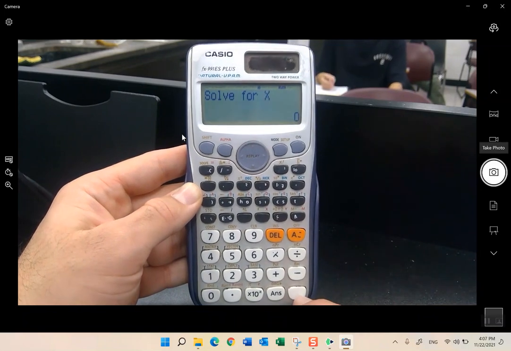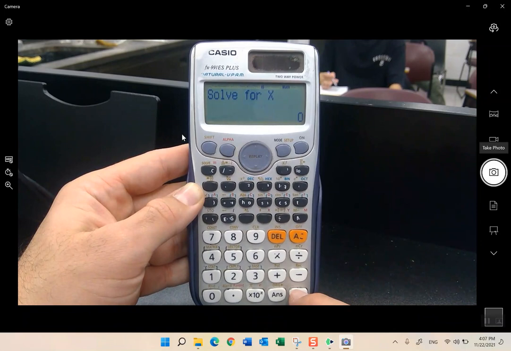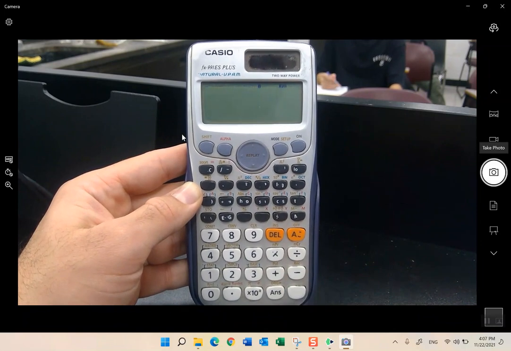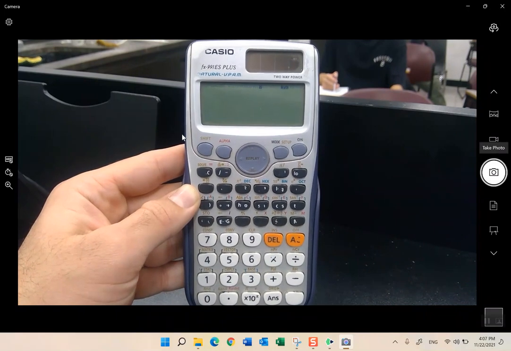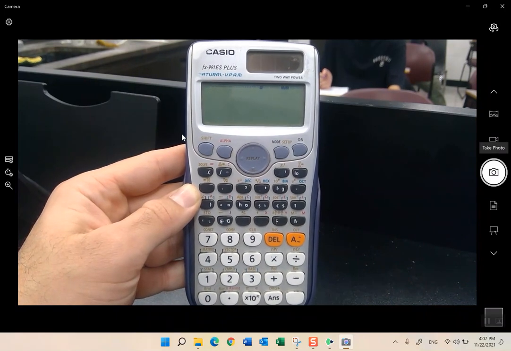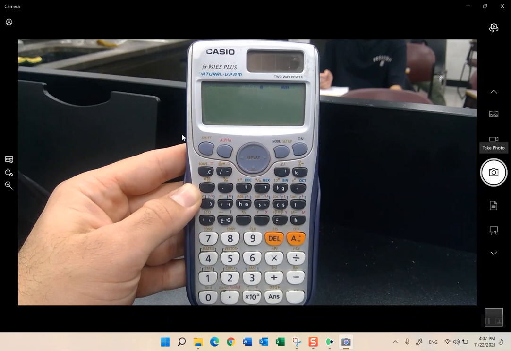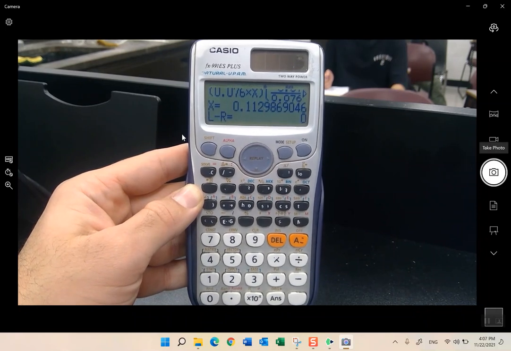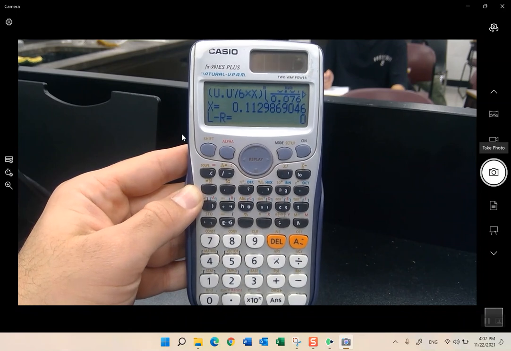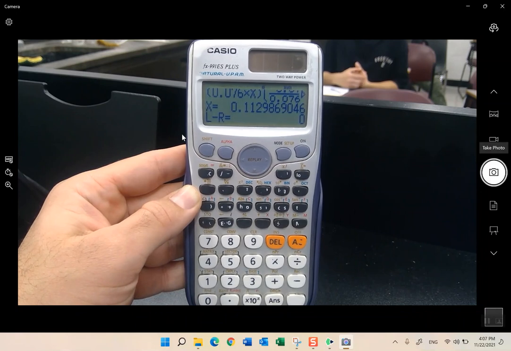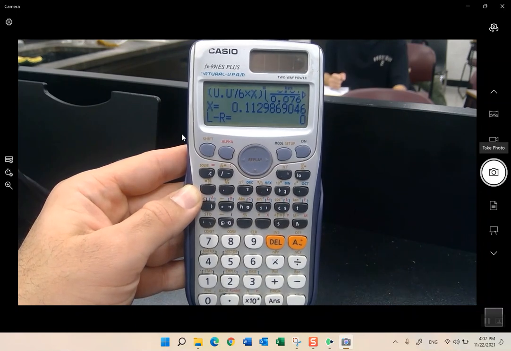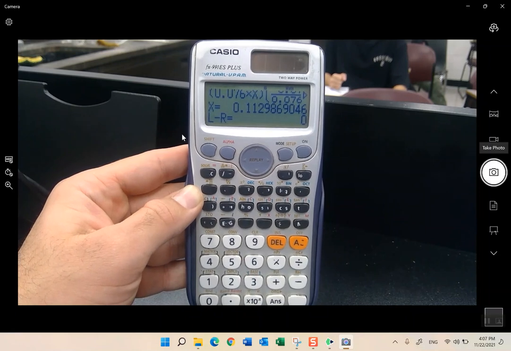There should be an equal sign here, but it's a very old calculator, so I will press here. It will take maybe 5 or 7 seconds, and it will directly show you the answer. And here it is. The x value, in our case the normal depth, will be 0.11 meters. Make sure that you are using the correct dimensions, because this can mess up all your calculations.